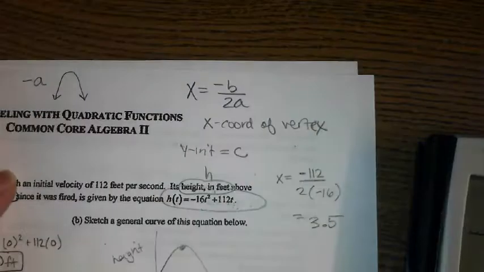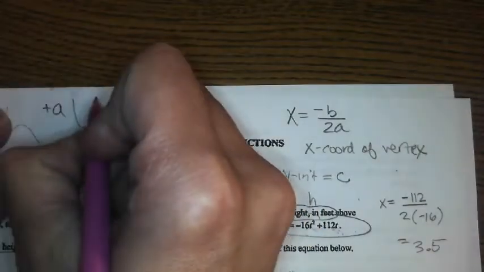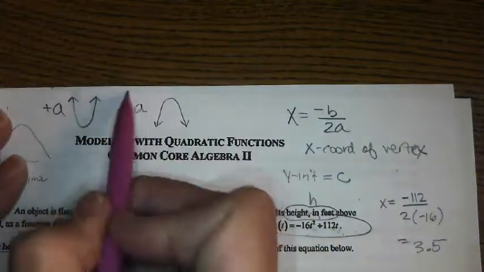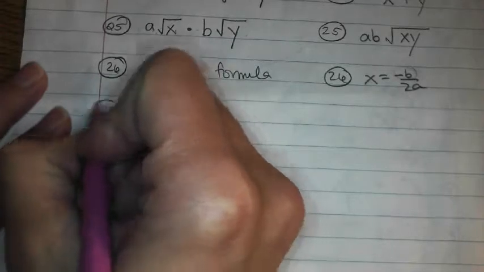Down. Negative a values open down. Positive a values open up. Again, that's something that you should have learned in Algebra 1. If it looks familiar, good. If not, we got to learn it, and I'm also adding that to a flashcard.